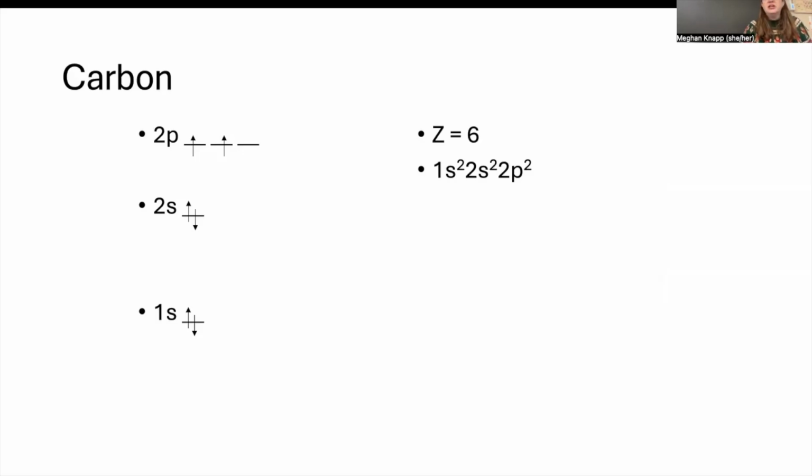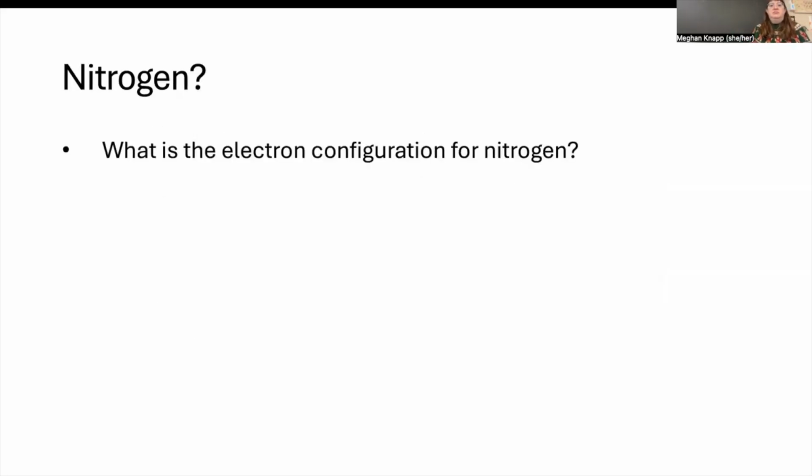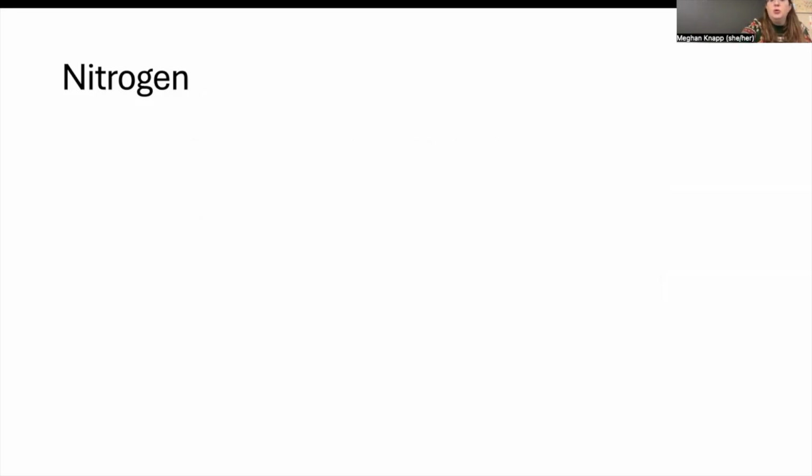Okay, so let's look at nitrogen. All right, so let's say I was wanting to know what's the electron configuration for nitrogen. I can start by putting in the orbital diagram. Okay, so you can use another blank box on your paper for this.